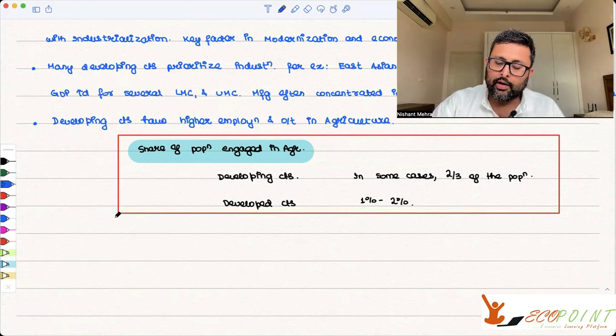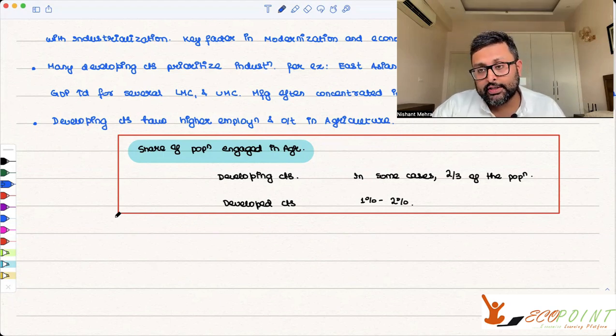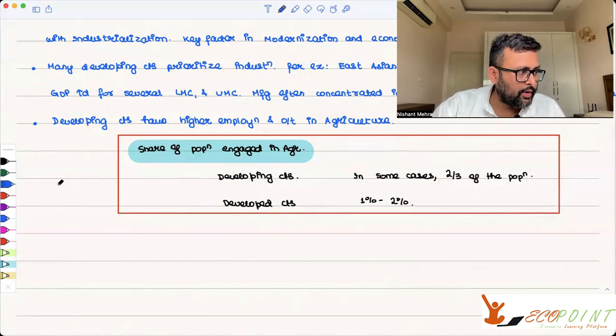Just compare Madagascar's case. In Madagascar, 82% of the population is engaged in agriculture, while it contributes to only 25% of the output. In Indonesia, 41% of the people are engaged in agriculture, but they contribute to only 14% of the total output.